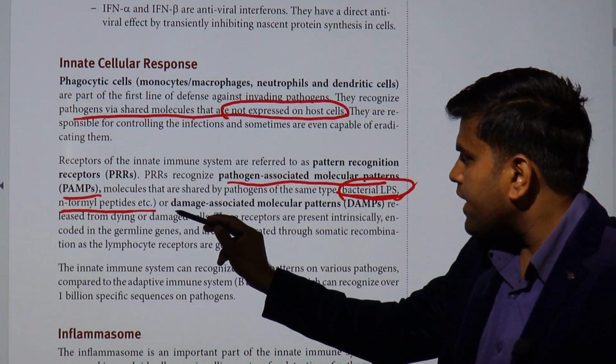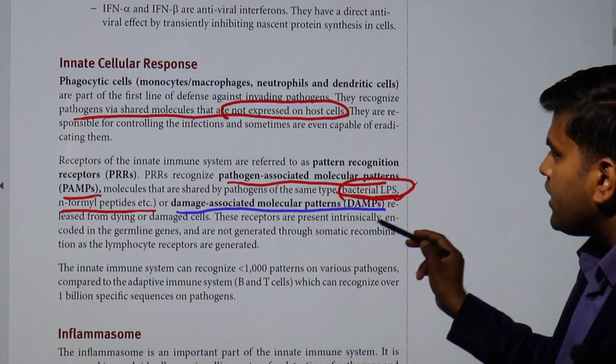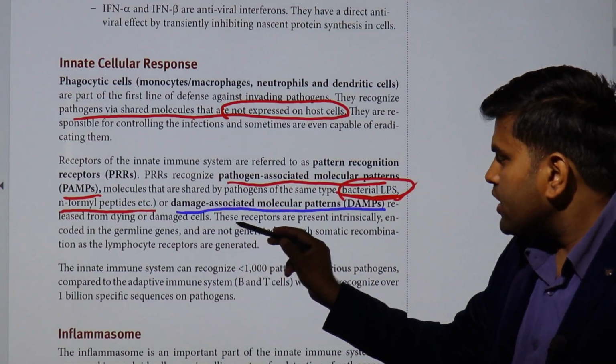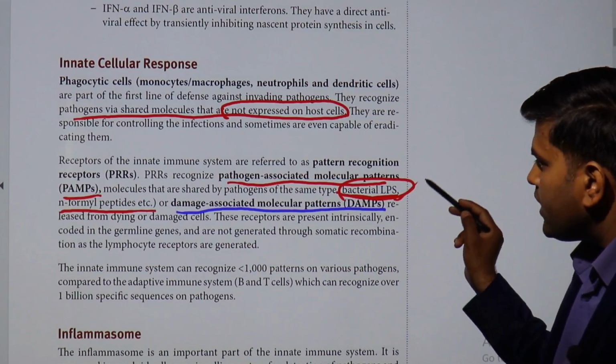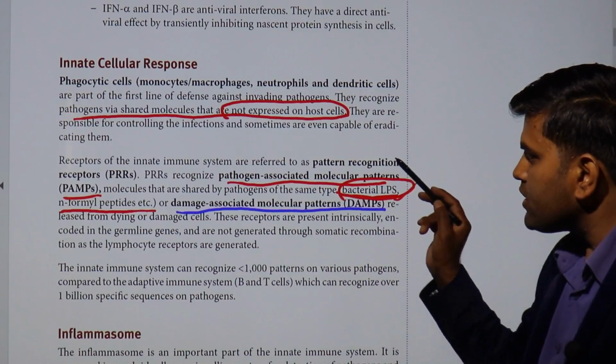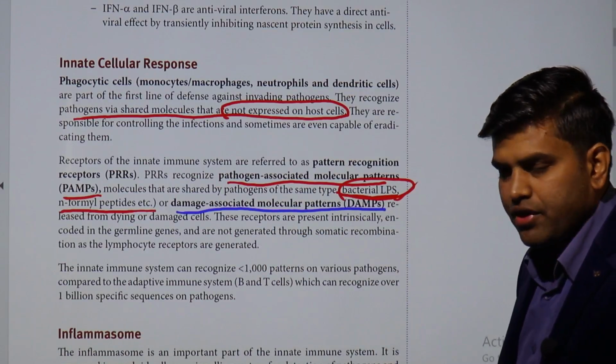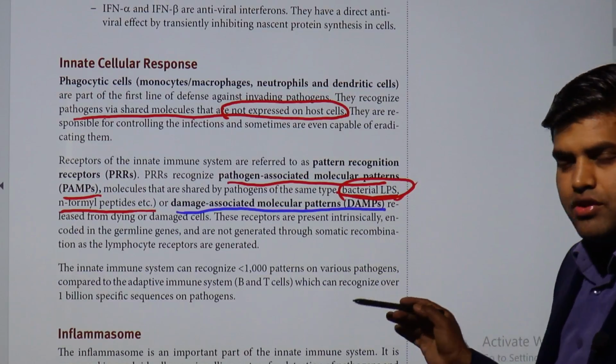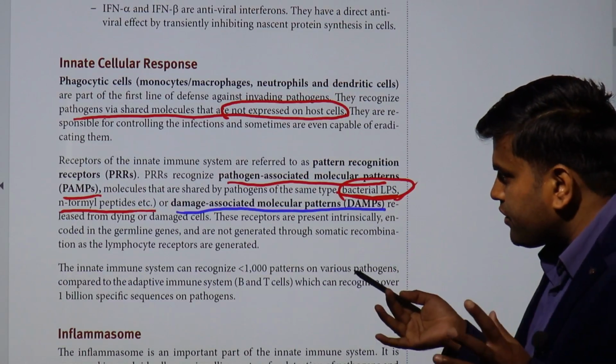DAMPs are damage associated molecular patterns released from dying or damaged cells. These receptors are intrinsically encoded in the germline and are not generated through somatic recombination as lymphocyte receptors are. The DAMPs are not expressed initially, because if they were, those cells would be killed.